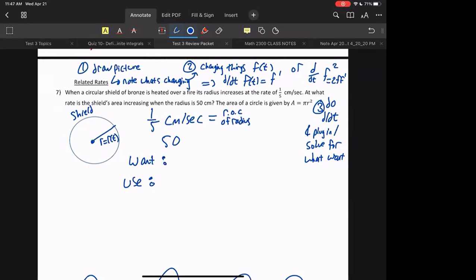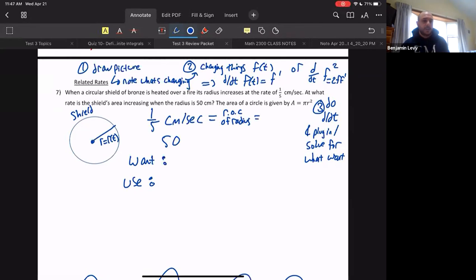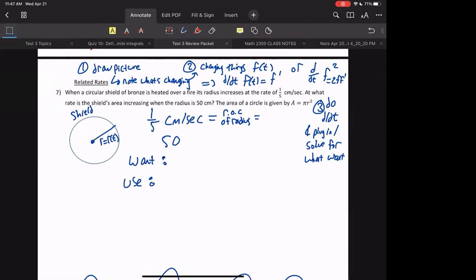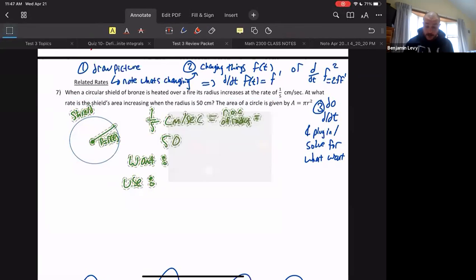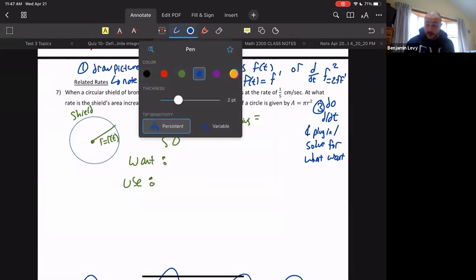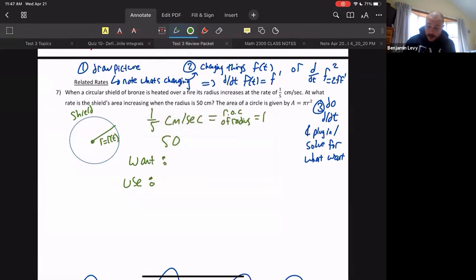What's rate of change? We just said that a second ago for something else. Derivative. Right, rate of change is a derivative. So this is R prime, or dr dt, if you will. We're being told dr dt is 1/5.